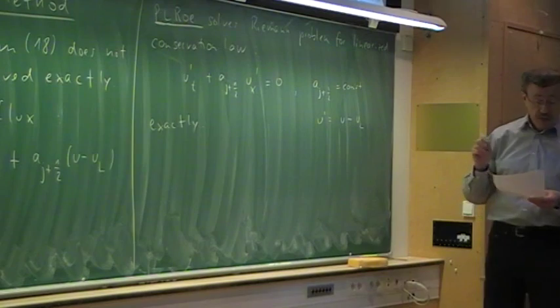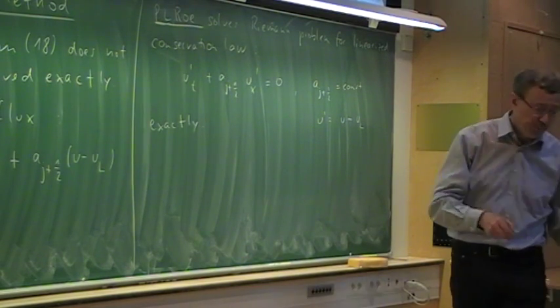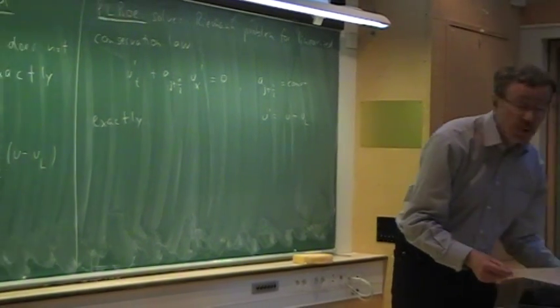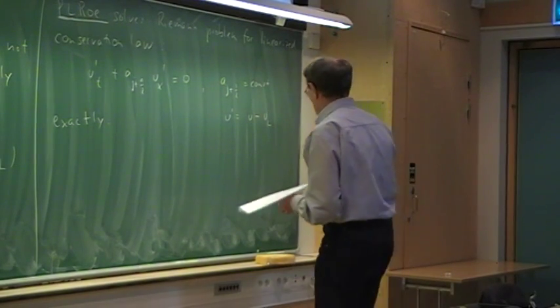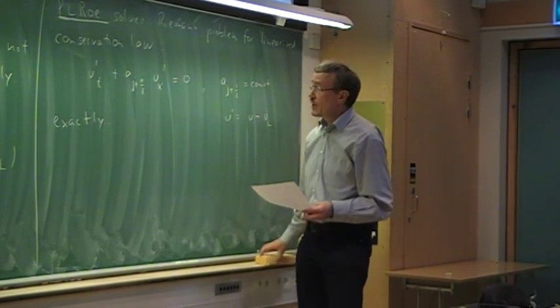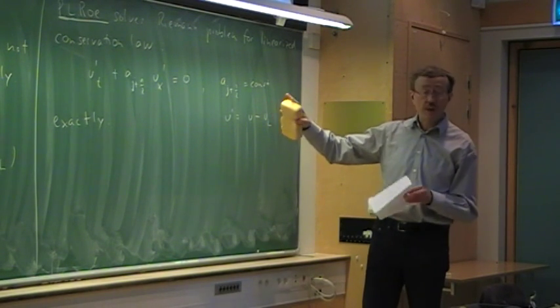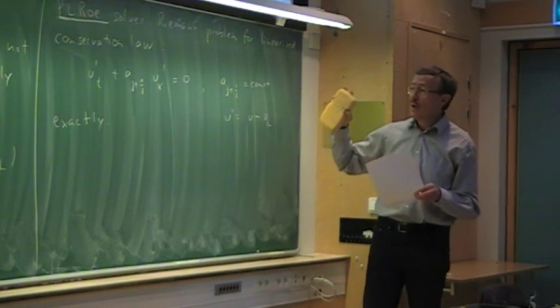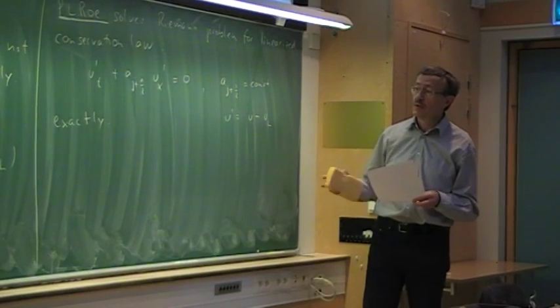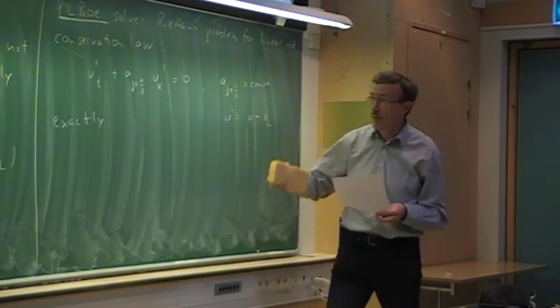And the result of all this is the following. The result is then the Upwind method. So the catch is that we linearize the problem so that we can solve it without any iteration, and then we have an approximate solution of the Riemann problem.